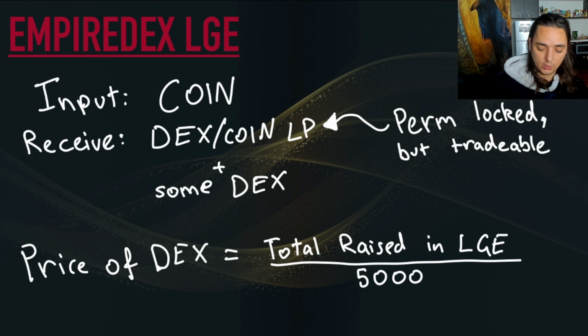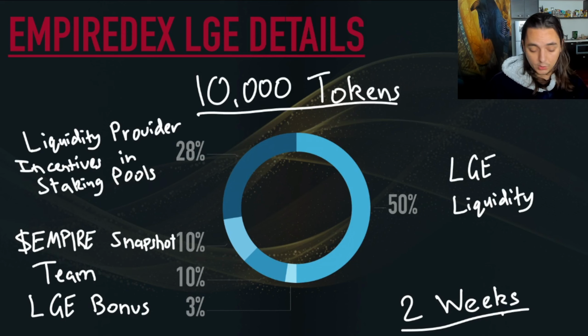So that's how you get your DEX price. Some more details: like I said, we have 10,000 tokens initially, and there's no more minted after that for our DEX tokens. So, 10,000 Empire, 10,000 FDEX, 10,000 ADEX, 10,000 XDEX, etc., etc.